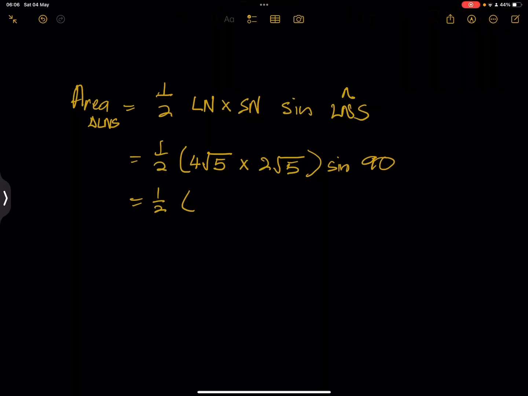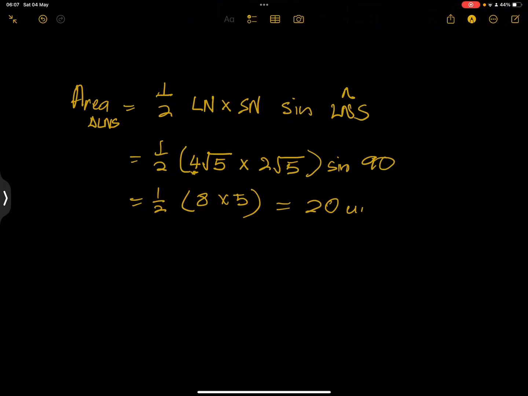Or it was just half base times height. So in that case, what will we get? So we're going to have 4 times 2, which is 8 times 5, right? So if we look at this, that would be 4 times 5. So this would give us 20.